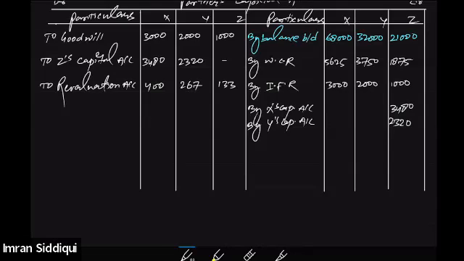Now all we need to do is balance the respective partners' capital accounts. So let's start with X first of all. In case of X, our credit side is greater than the debit side.